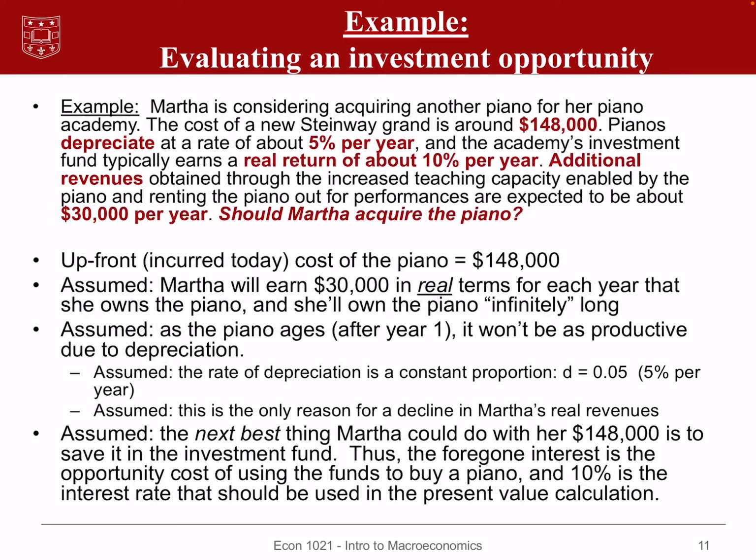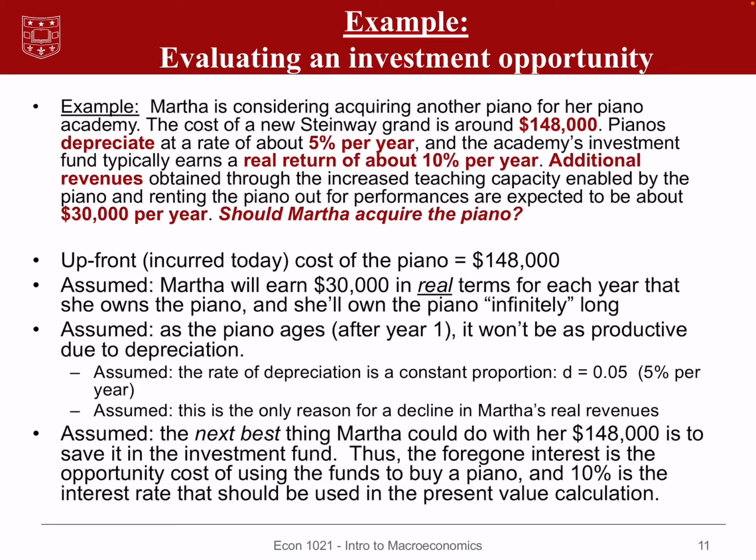We'll also suppose that as the piano ages, in other words, after the first year that it's in place, it won't be quite as productive due to depreciation. So we're assuming that this rate of depreciation is constant, meaning it doesn't change, and it is 5% per year.